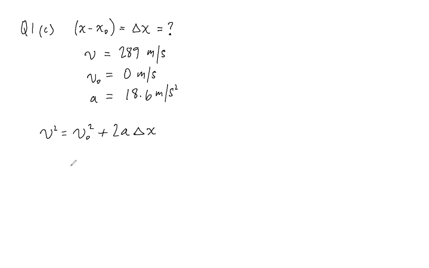I'm going to subtract v0 squared from both sides. So I get v squared minus v0 squared is equal to twice a delta x. Now I'm going to divide both sides by twice a.